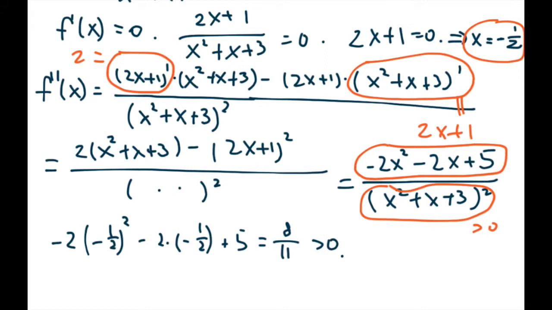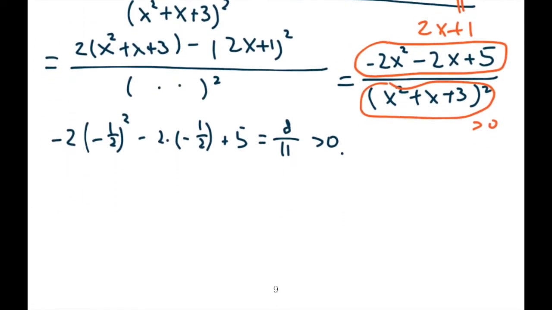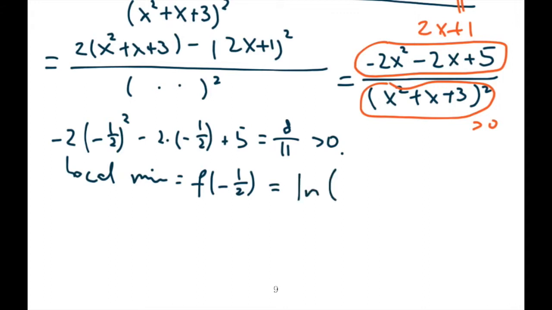So when x equals -1/2, f(x) achieves a local minimum. So the local min is equal to f(-1/2), and if you calculate this out, it is equal to natural log of 11 over 4. Okay, this is the local max and local min. There's no local maximum for this problem. We only have a local minimum.